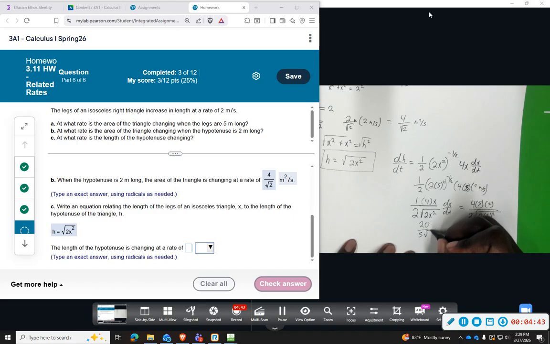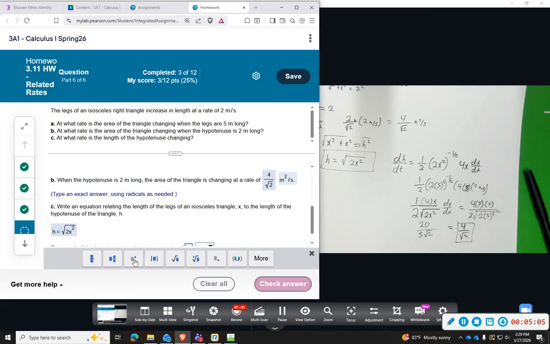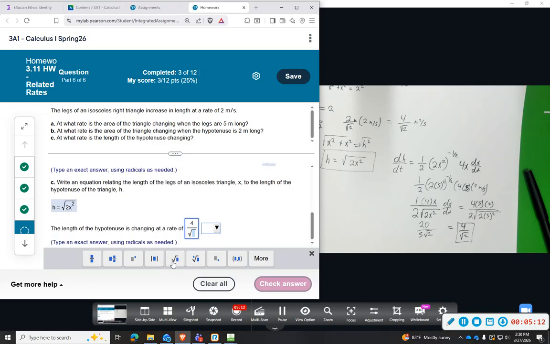Square root of 2, because of that 2 right there. So 25, but you take the square root of 25 is 5. You can pull that 5 out because it's all being multiplied. That 2 does not. 20 divided by 5 is 4. So it's going to give us 4 over the square root of 2. It's going to be in meters per second.